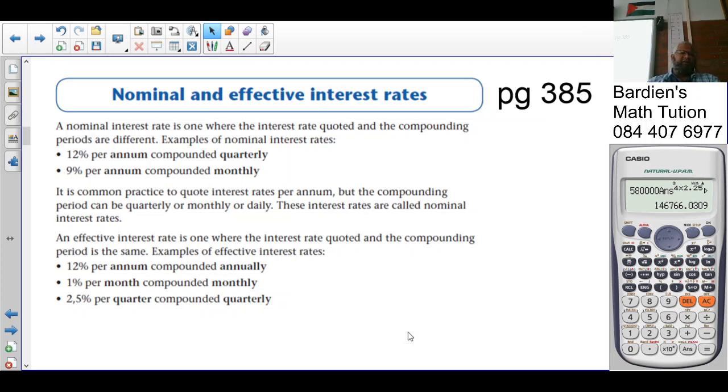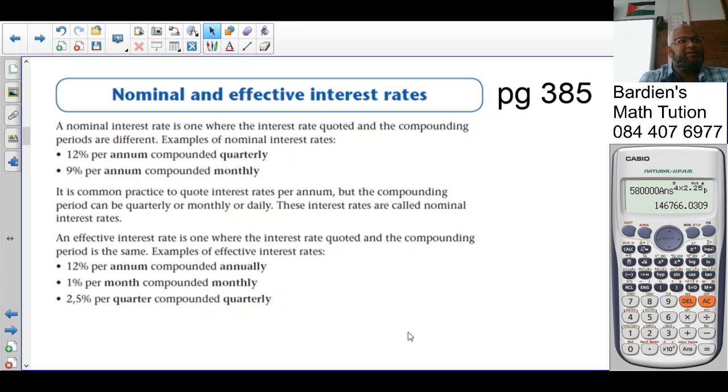So we're told that a nominal interest rate is one where the interest rate quoted and the compounding periods are different. Examples of nominal interest rates are 12% compounded quarterly or 9% compounded monthly. So if you're talking about compounded monthly, compounded weekly, compounded daily, compounded quarterly, all of those different compoundings are considered as your nominal interest rate.